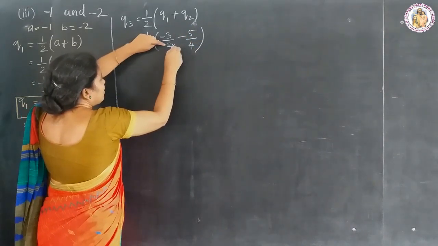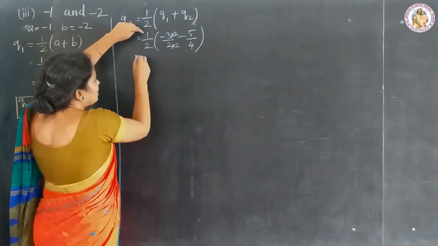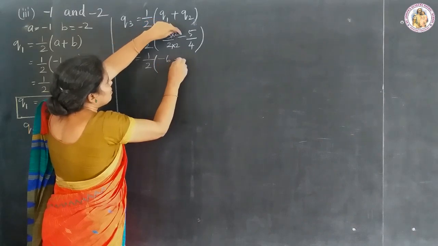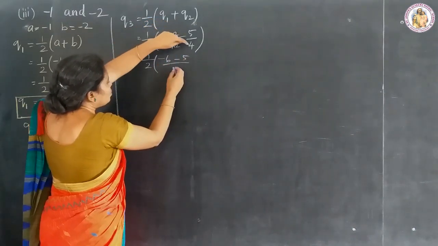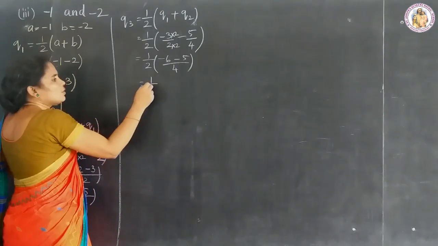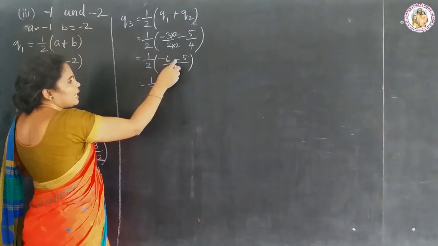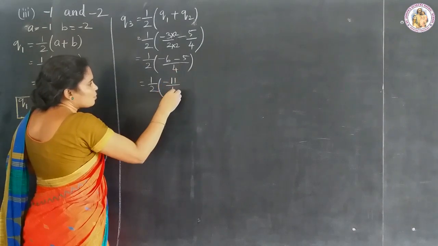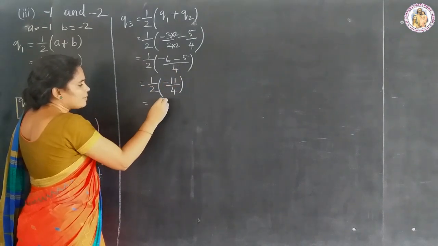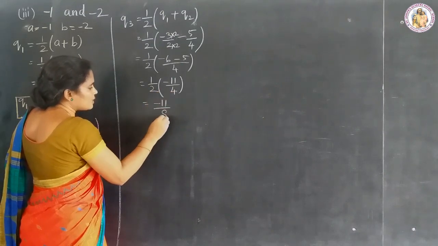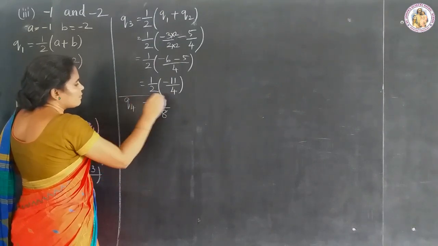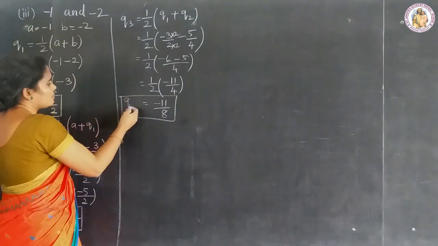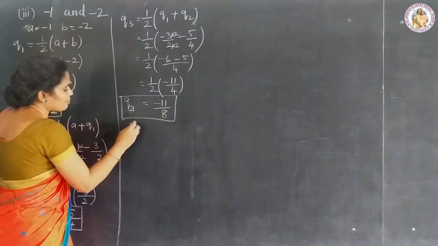Taking LCM, multiply with 2 to the numerator as well as denominator to make it even. So minus 3 2s are 6 minus 5 by 2 2s are 4 is equal to 1 by 2, same sign add, minus 6 plus 5, 11 by 4. So 1 11s are 11 by 4 2s are 8. So Q3 is equal to minus 11 by 8.